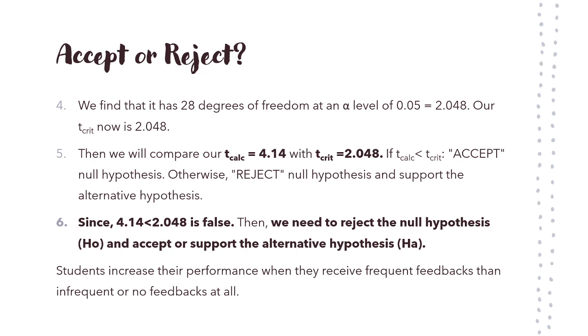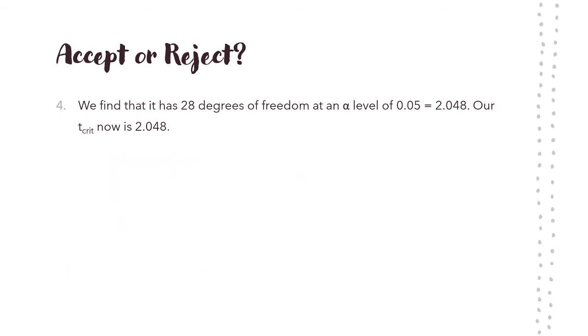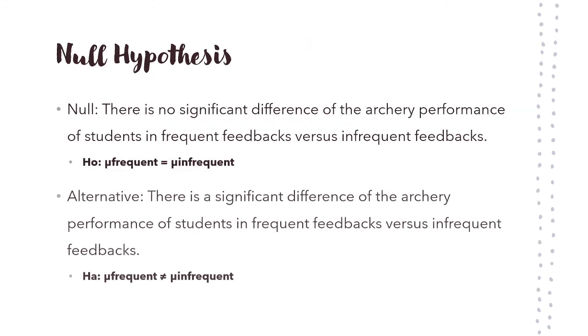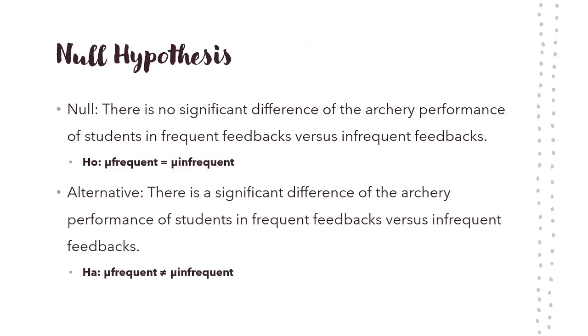So by definition, our alternative hypothesis is there is a significant difference among those who have gotten frequent feedback. Okay, there is a significant difference in the archery performance of students when grouped according to type of feedbacks, frequent feedbacks versus infrequent feedbacks.